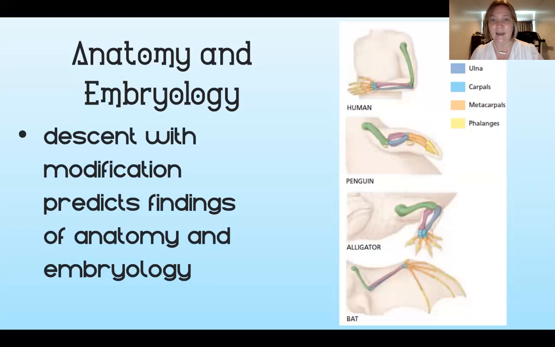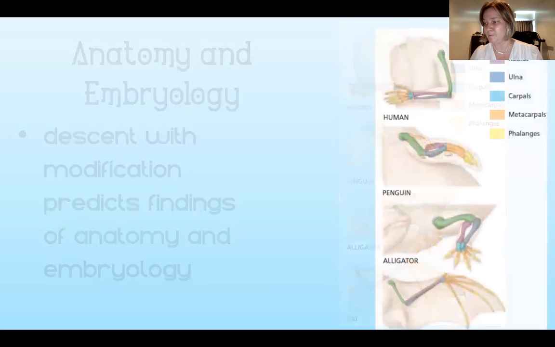So if we look at the diagram here, you can see a human, a penguin, an alligator, and a bat. The human and the bat are mammals, a penguin is a bird, and an alligator, of course, is a reptile. But you can see how you have the humerus, the radius, the ulna, the carpals, metacarpals, and phalanges, which we learned about last year, and how they have evolved in all of these species.